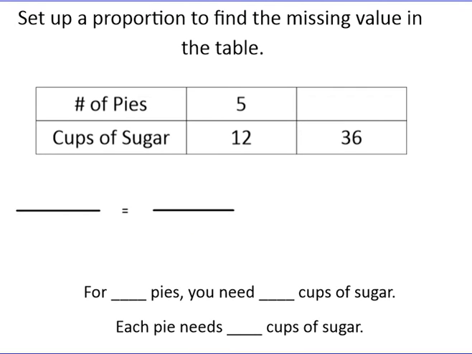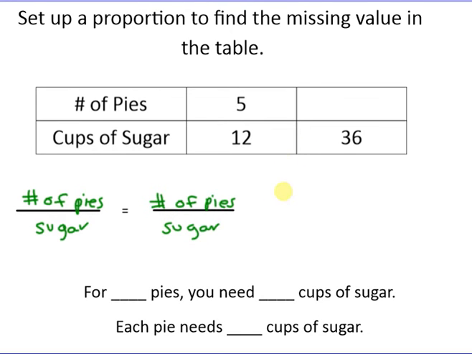Alright, let's take a look at this one. Set up a proportion to find the missing value on the table. Now we're not dealing with money here, so it doesn't matter what goes on top, what goes on the bottom. I'll just take it in the order it gives it to me. So number of pies, and then sugar. Number of pies, and then sugar.